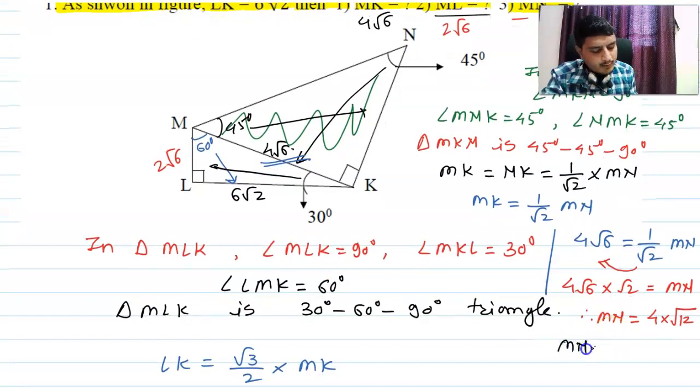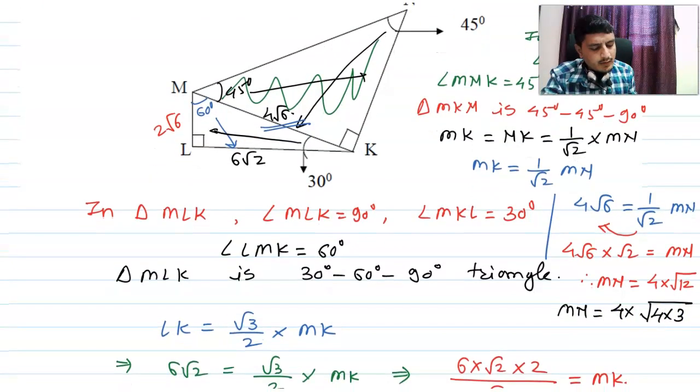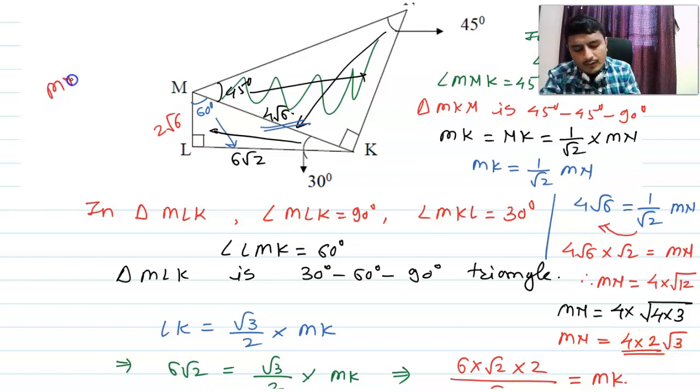We have MN equal to 4 into root of 12, we can write 4 3s are 12. Once we take 4 outside the square root, MN equals 4 into square root of 4 is 2, into root of 3. Now 4 2s are 8. So the value of MN we get is 8 times root of 3.